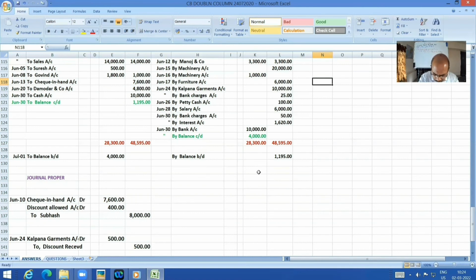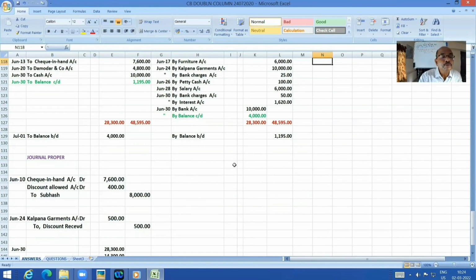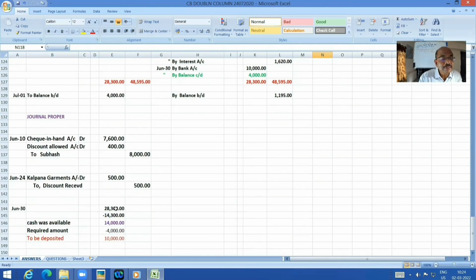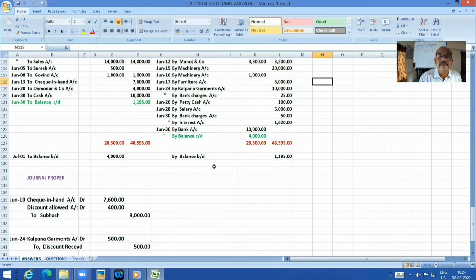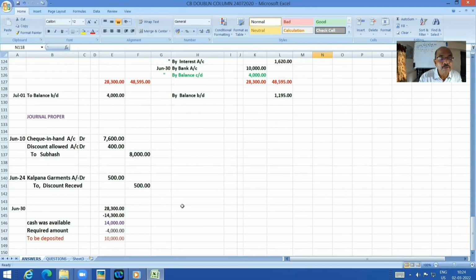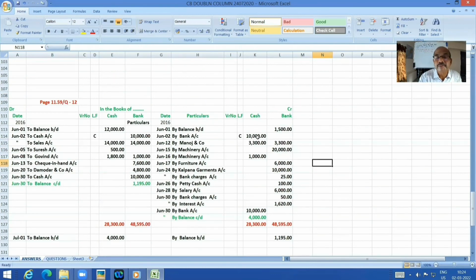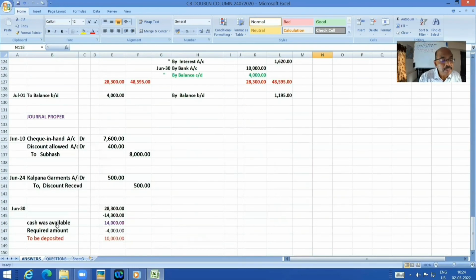Now they said I just want 4,000 in the cash box. Make necessary adjustments. Fine. How will you go about it? You find that on June 30th you have got a total of 28,300 on the receipt side, and on the credit side you have got on that date 14,300. These 3 entries, 10,000, 3,300, 1,000, make 14,300. So cash was available for 14,000. This minus this, 14,000.